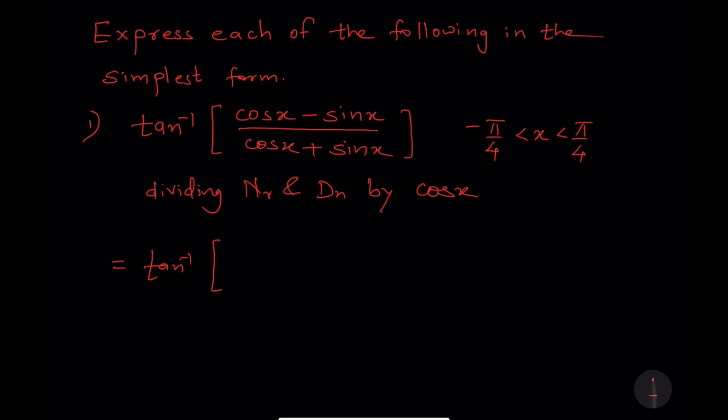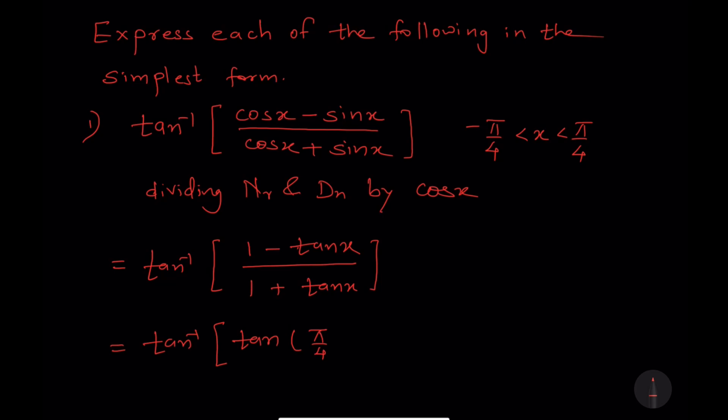So we get tan inverse of (cos x upon cos x is 1, minus sin x upon cos x is tan x) upon (1 plus tan x). Now this is nothing but tan inverse of, we know that this is the formula for tan of pi by 4 minus x.